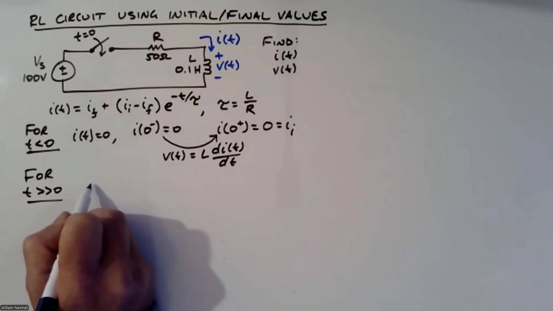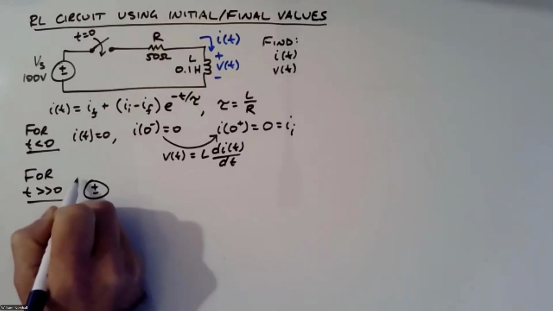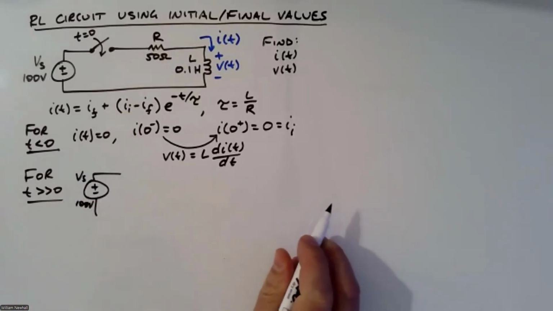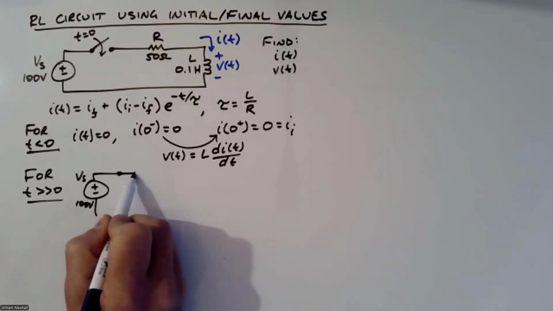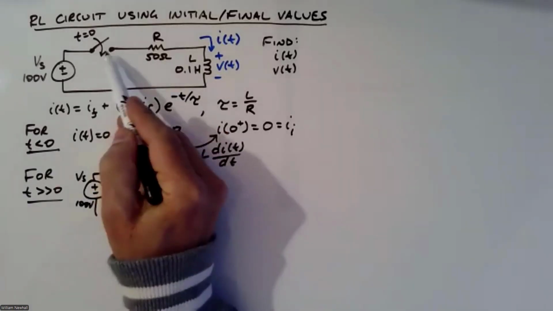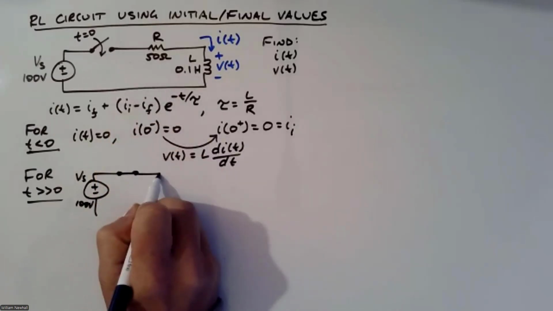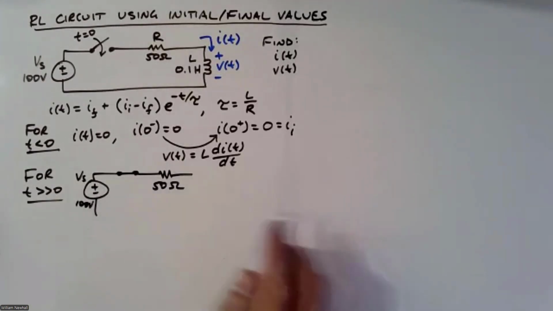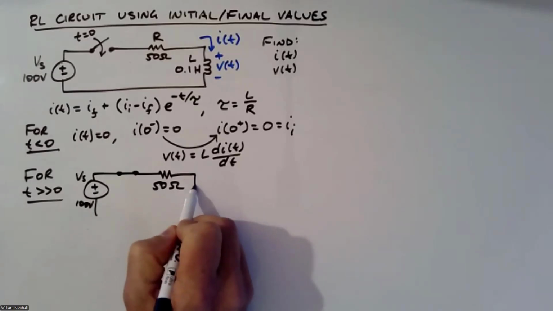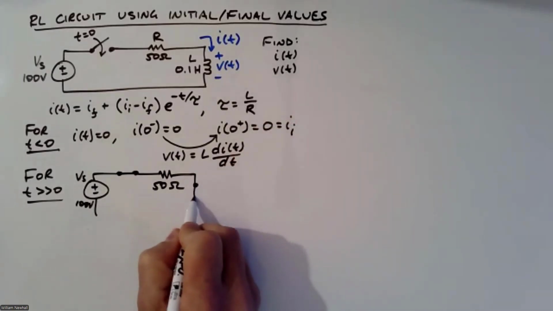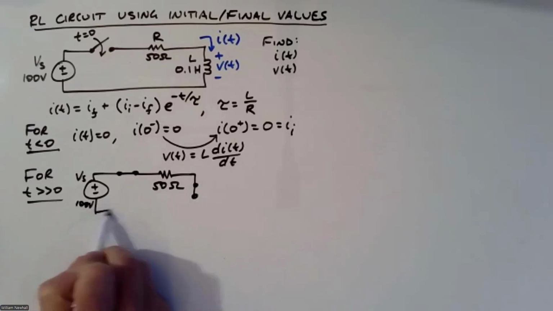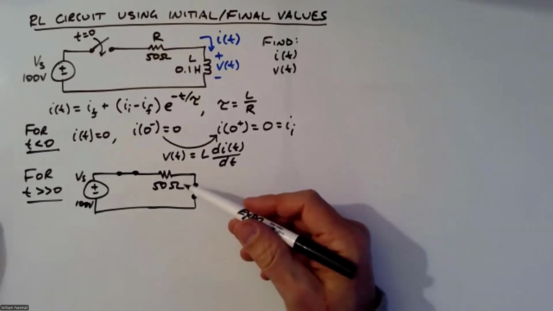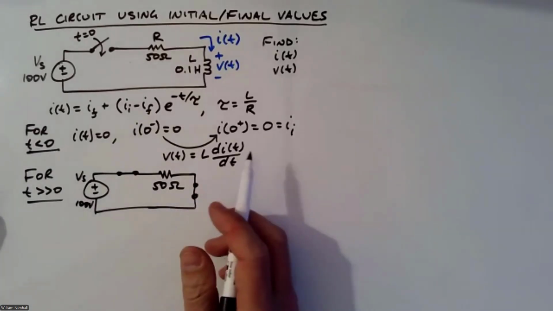The new circuit in steady state has Vs, which is 100 volts, the switch that is closed, a resistor of 50 ohms, and then an inductor, and the inductor in the steady state can be replaced by a short. So that's what the circuit behaves like when all the values are DC. We're in the steady state.